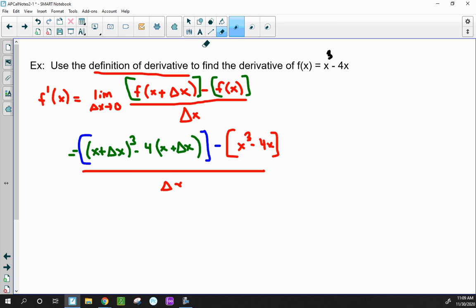And one thing I messed up on, I forgot to write down my limit notation, so when you put my equal sign out here, all of this stuff was supposed to go right there. So make sure you put that in your notes.